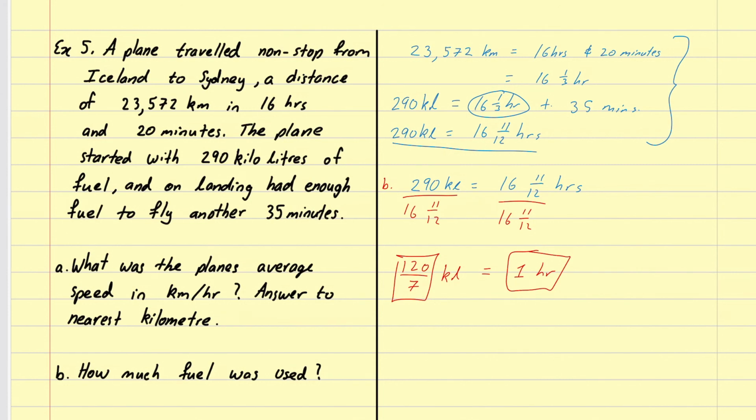Now if that was for 1 hour, remember the journey only took 16 and a third hours. So now I have to multiply all of this by 16 and a third. Therefore 120/7 multiplied by 16 and a third will give us 280 kiloliters, and that's going to be our final answer right there.